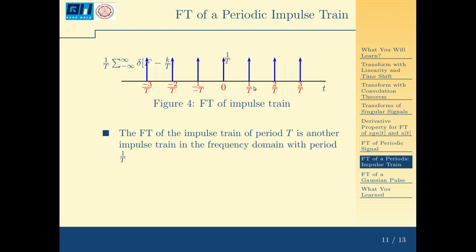The impulses occur at every k by T, that is 1 by T, 2 by T, 3 by T, minus 1 by T, minus 2 by T, etc. And the height of every impulse is 1 by T. So the impulse train in the time domain with period T appears as another impulse train in the frequency domain with height 1 by T and spaced 1 by T hertz apart.